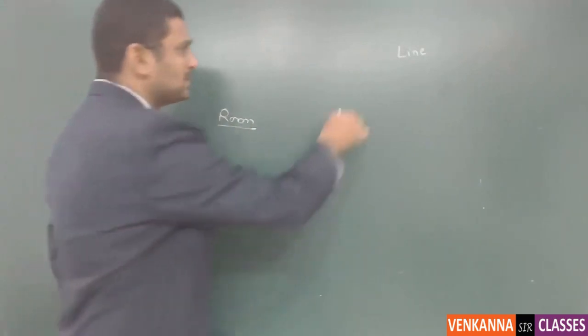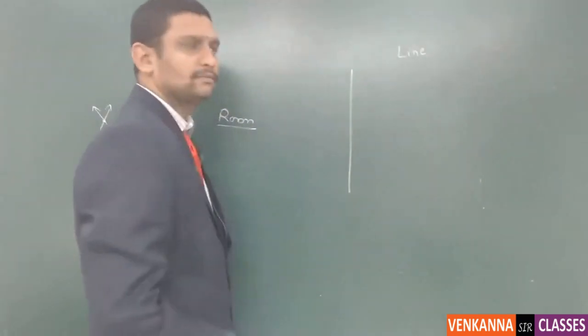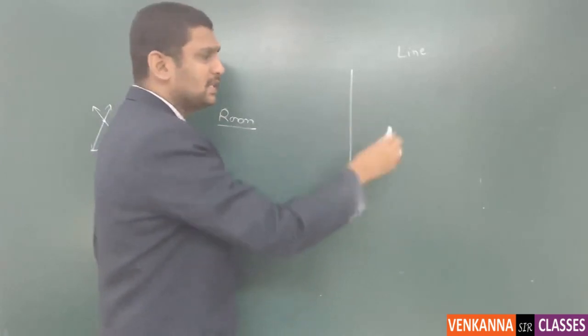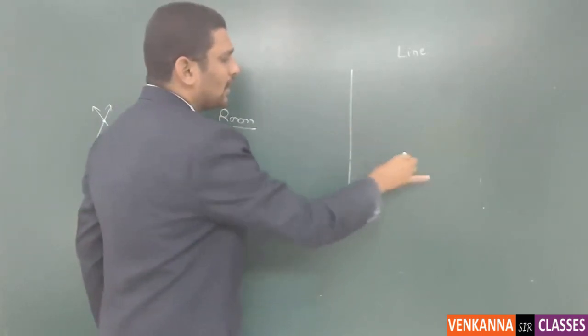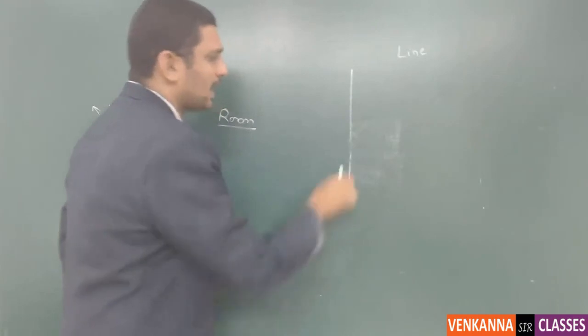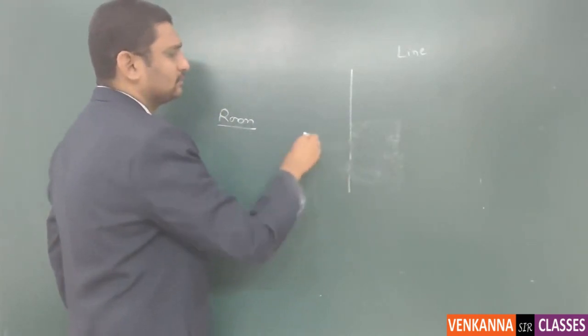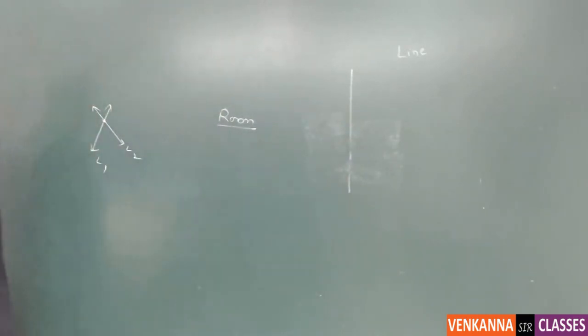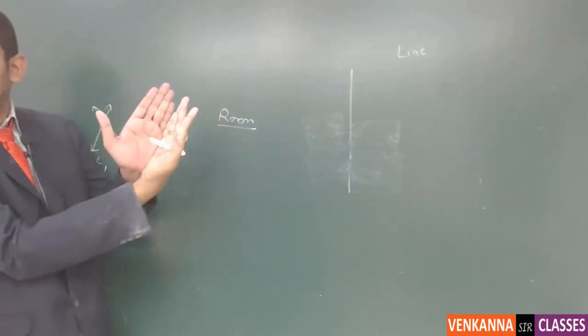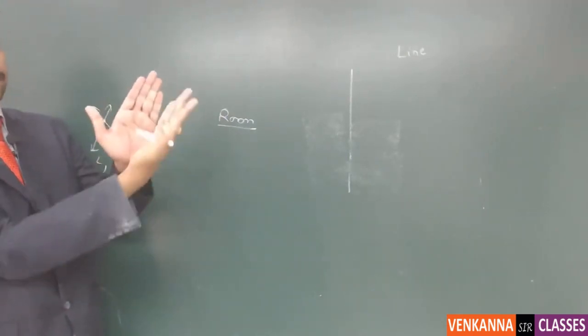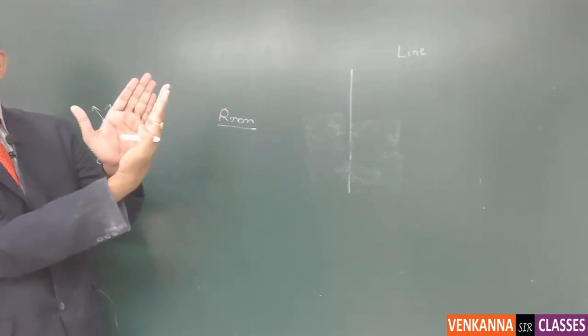Imagine that this is the corner line, surrounded by one wall on one side and another wall on this side. Each wall is nothing but a plane, and two planes merge like this, and this part is in the form of a straight line.